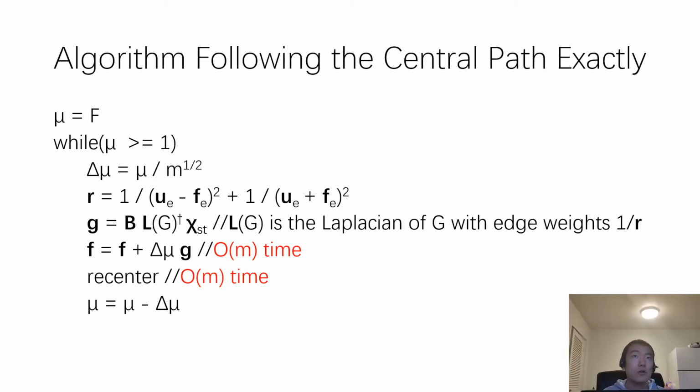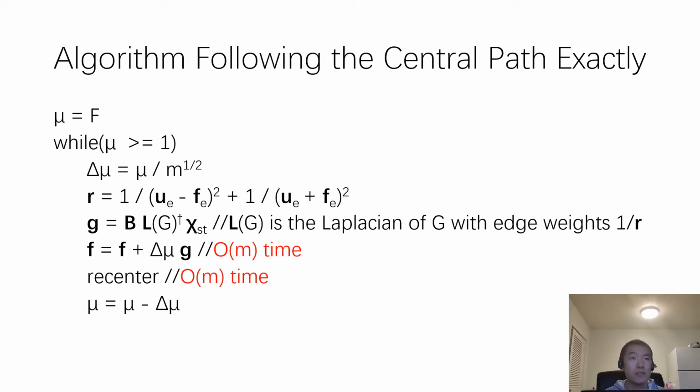And this is the pseudocode of the IPM we use. So we let mu indicate the amount of flow to be routed, and we route 1 over square root of m fraction of the remaining demand in each step. So there are about square root of m steps, and the resistances of each step are defined as in the code.